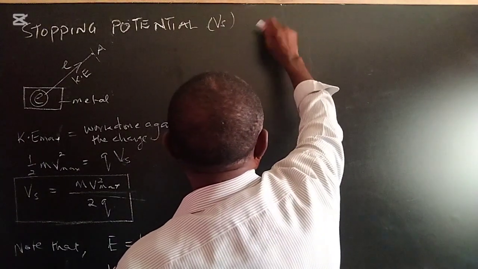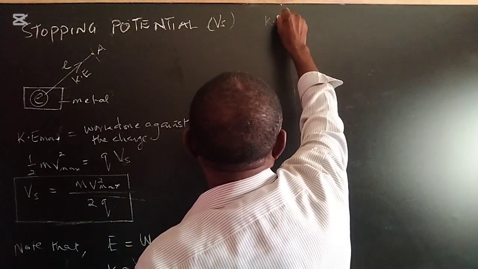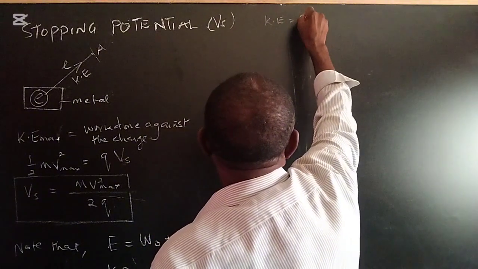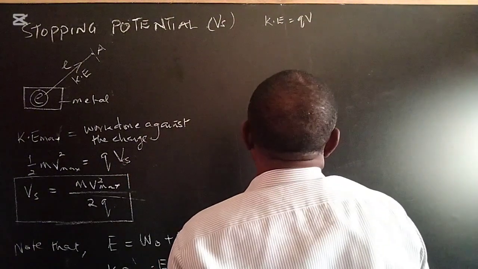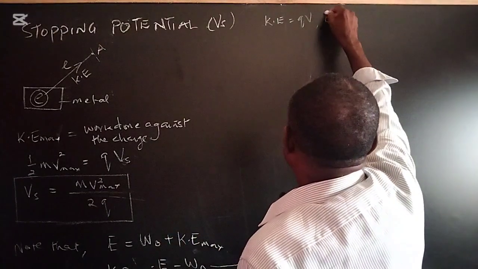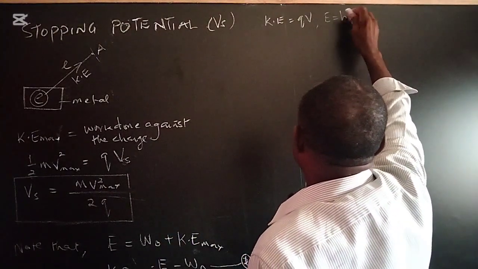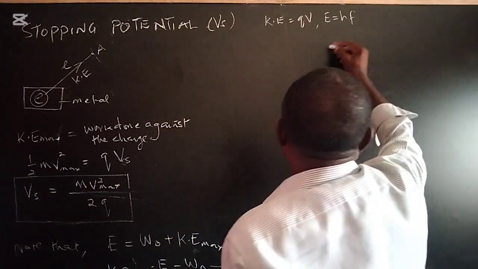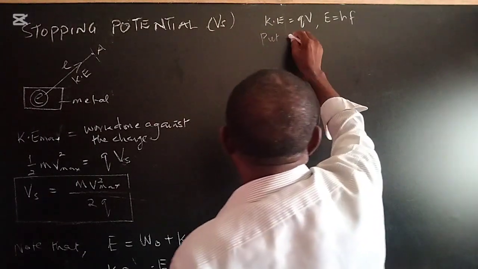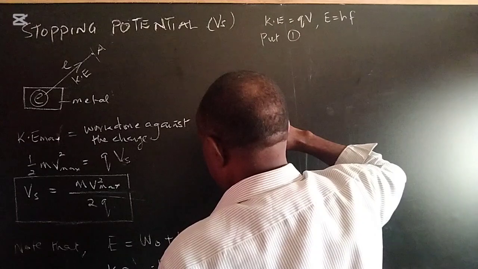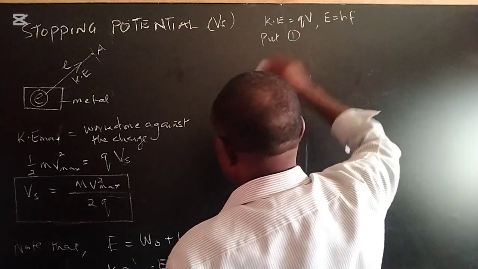So we have the kinetic energy K equal to QV, from what we did there. And our energy of radiation is Planck's constant times frequency. So we substitute these two things into equation 1.